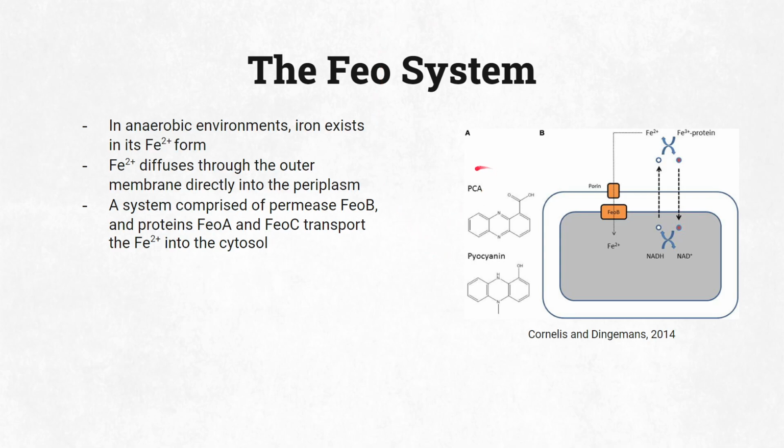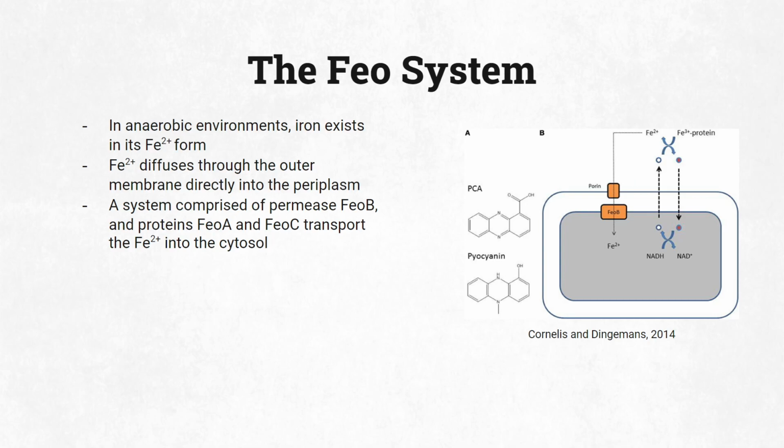In the figure here, these PCA and pyocyanin molecules are molecules that are produced by the bacteria itself. These can be secreted in the case of an aerobic environment to bind to 3+ iron and reduce it to its 2+ form. So the Feo system is not used solely in anaerobic environments.